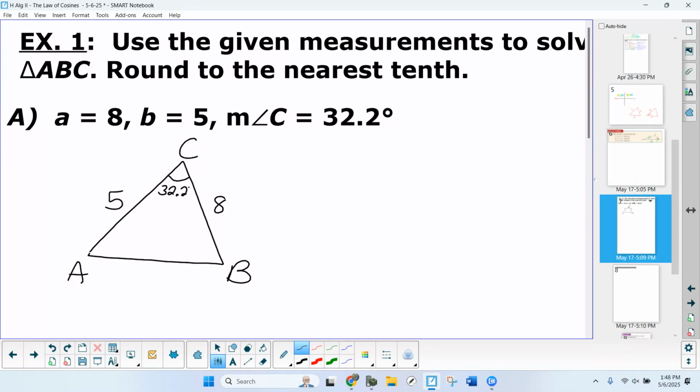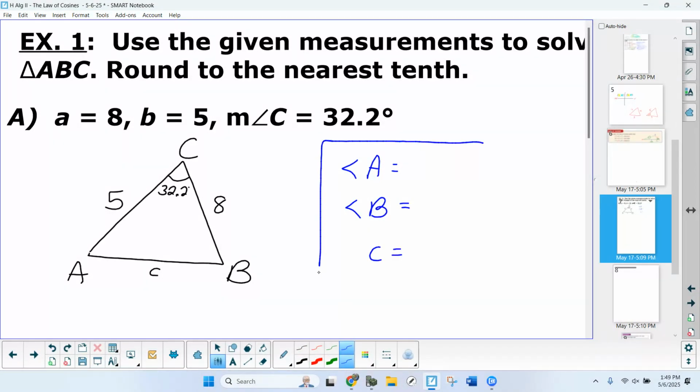Okay, so draw your triangle. And it says solve my triangle. So I am missing angle A, I am missing angle B, and I am missing side C. So I'm missing these 3 pieces.